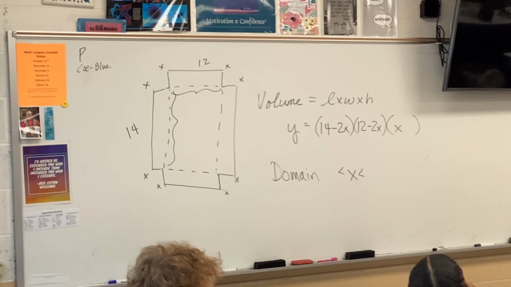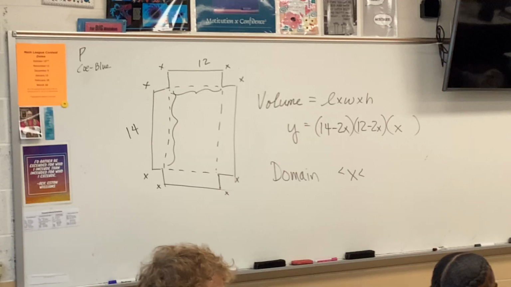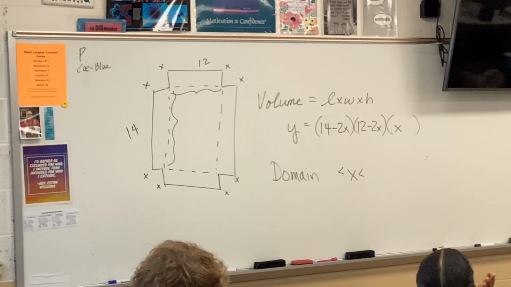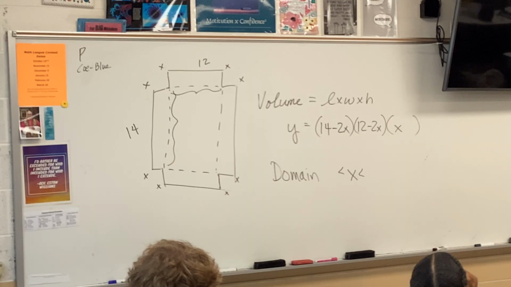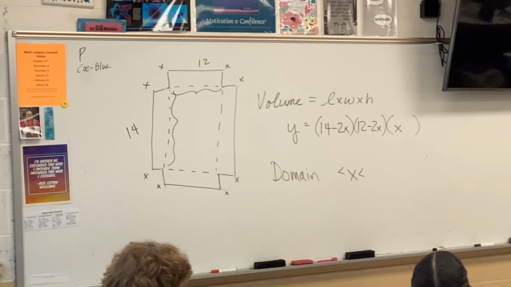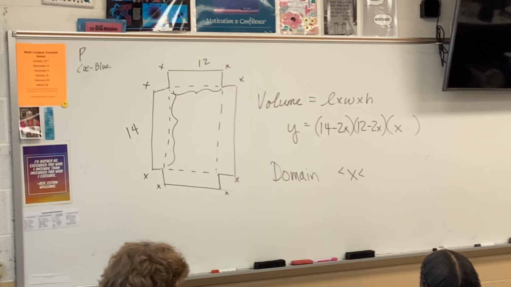Let's talk about one more time. This is 12 all the way across. I'm gonna rip a piece off this side and a piece off this side. Could I rip 1 inch off here and 1 inch off here? Yeah, because that would leave me with 10. Could I rip 5 off of here and 5 off of here? Yeah, that would leave me with 2. But what if I rip 6 off here and 6 off here?